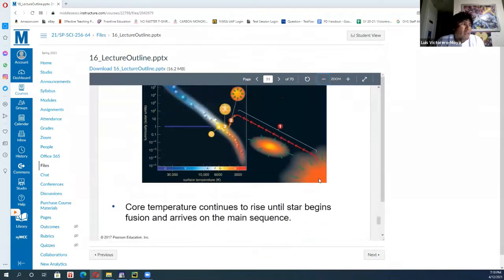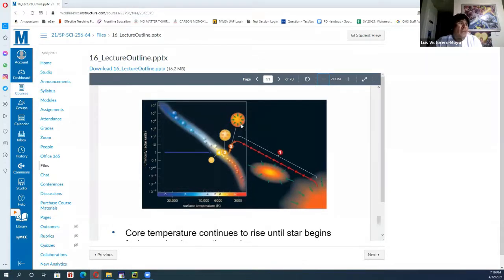Okay. Remember that to locate stars in the H-R diagram, you need to know the luminosity and the surface temperature. Now, we can use the H-R diagram to look at the process a star follows to become a main sequence star. But we cannot use the H-R diagram to locate protostars because they are not stable enough.